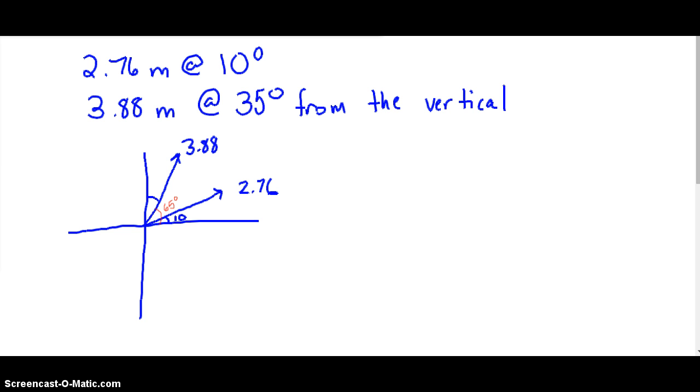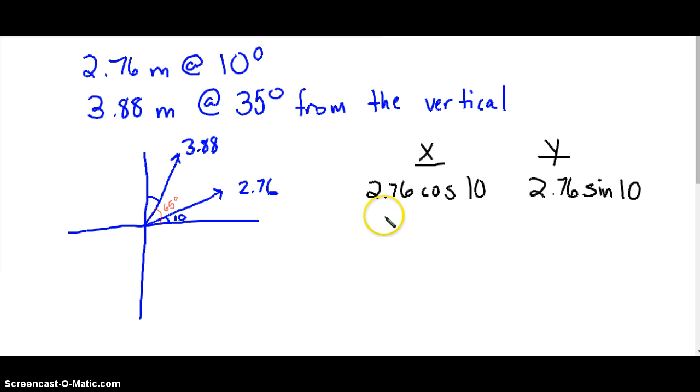Now I can continue my operations as usual. So let's break those down into their x and y components. The first one, 2.76, its x component is going to be 2.76 cosine of 10. The y component will be 2.76 sine of 10.